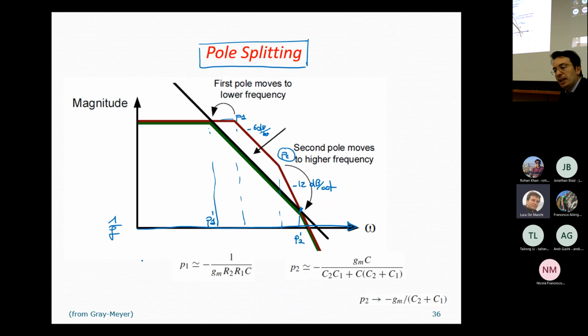Okay, so let's take into account that the generic overdrive for a transistor which is in saturation is given by the square root of the current of the same transistor divided by beta. And that the VSG for a generic transistor is equal to the overdrive plus the threshold.